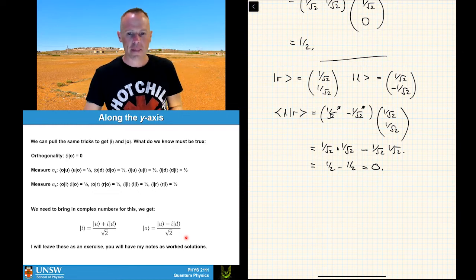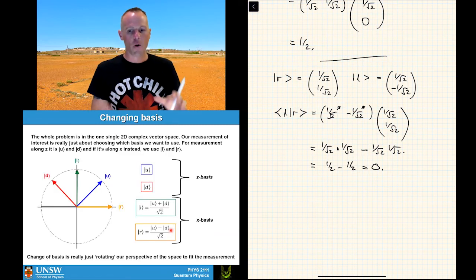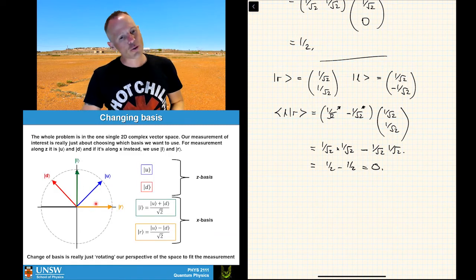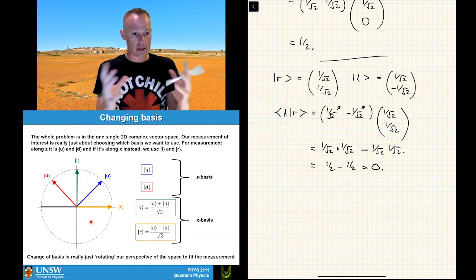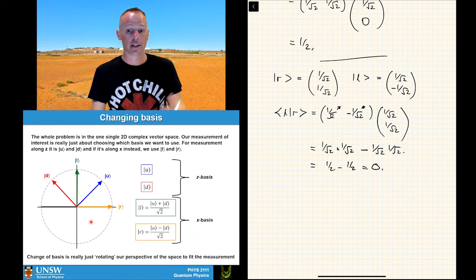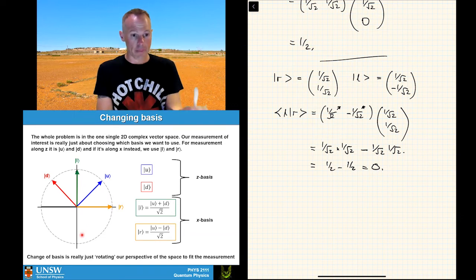Can't do it, okay? But in much the same way, those two vectors exist in the full 2D complex vector space in here. They're just in such a way that we can't draw them on that page.